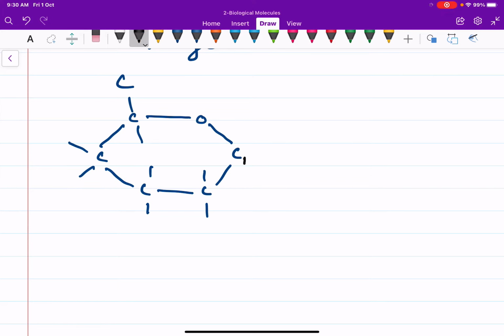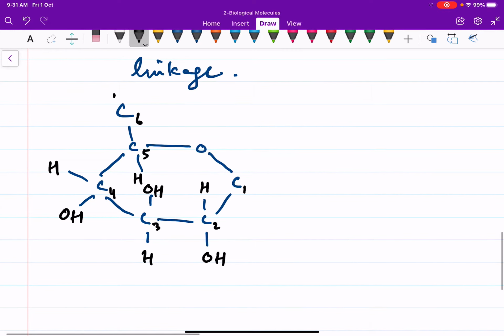This is carbon number 1, this is carbon number 2, this is carbon number 3, this is carbon number 4, this is carbon number 5, and this is carbon number 6. Each carbon in this case has a hydroxyl group and hydrogen with it. So carbon number 2 has hydroxyl group here and hydrogen here, whereas carbon number 3 has hydroxyl group here and hydrogen here. Carbon number 4 has hydroxyl group here and hydrogen here. Carbon number 5 has hydrogen, and carbon number 6 has a hydroxyl group and 2 hydrogen with it.